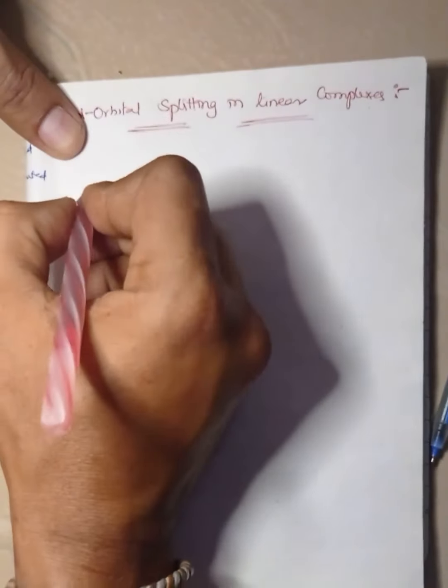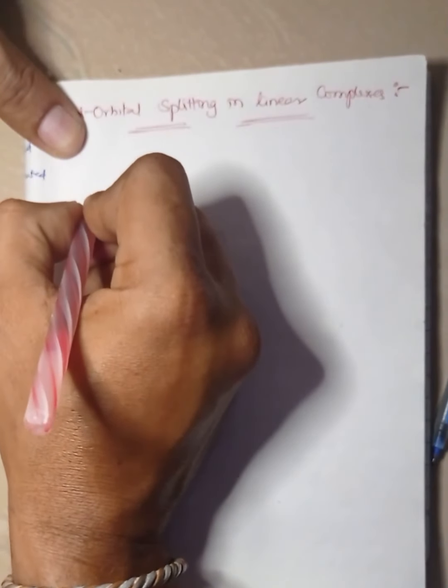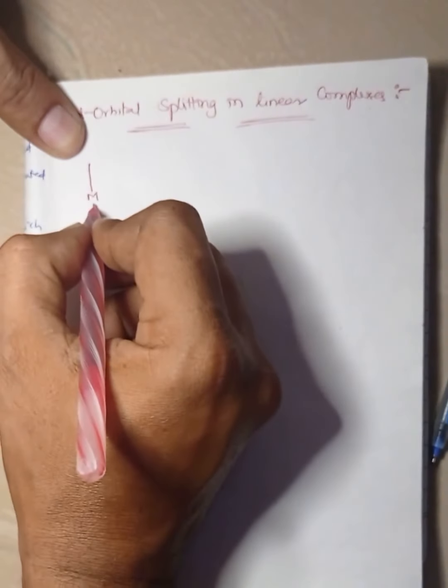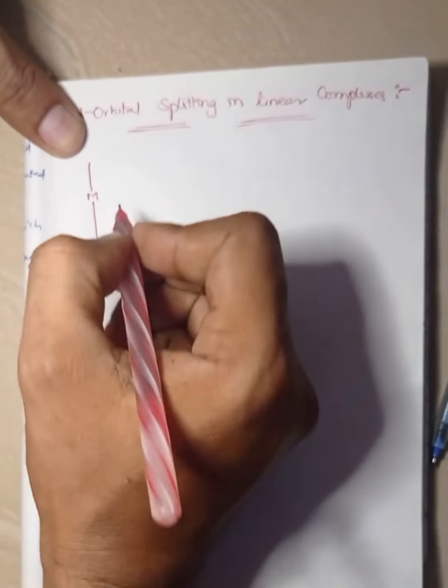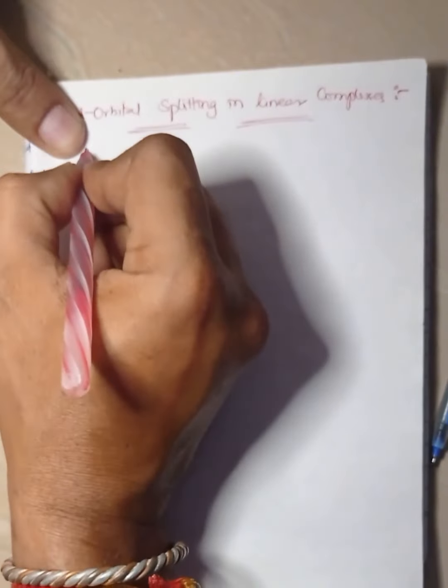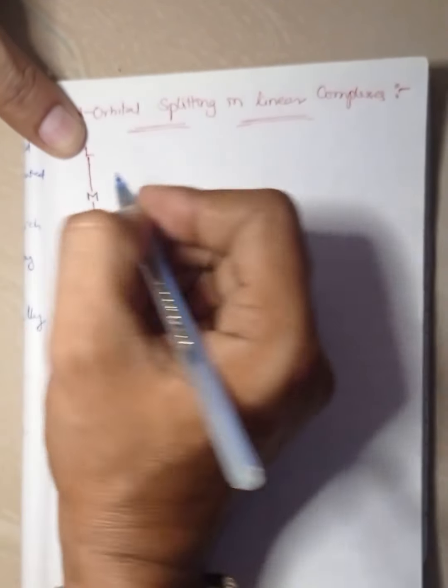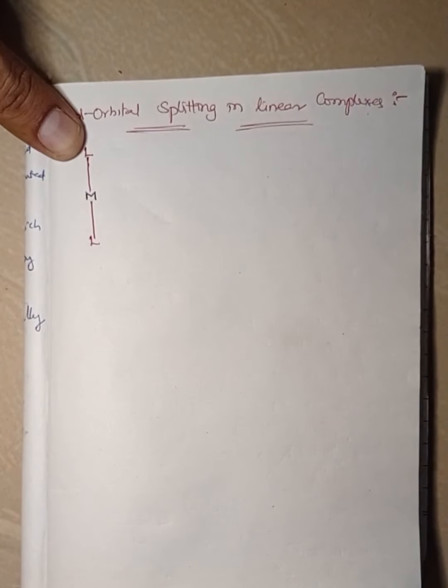The linear complex is a two-coordinated complex.